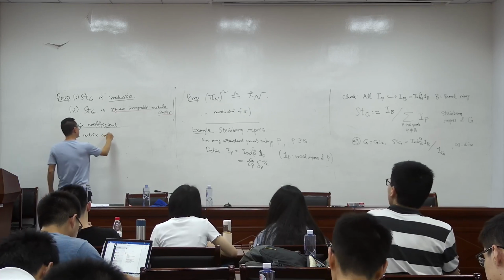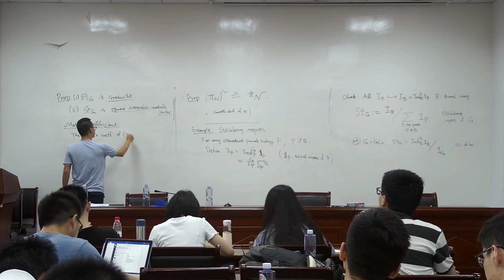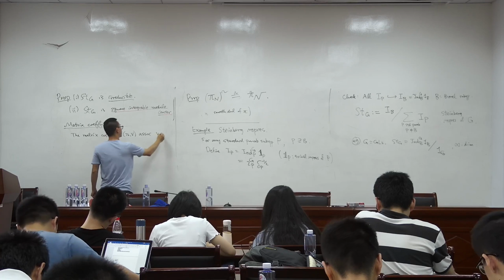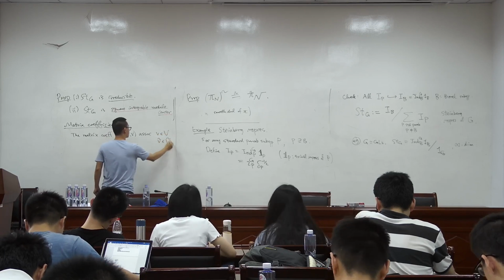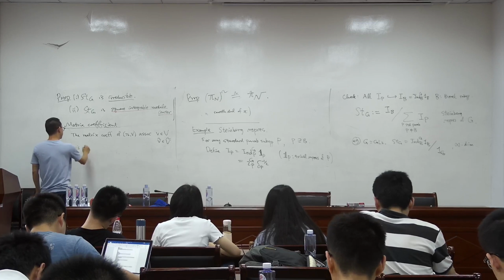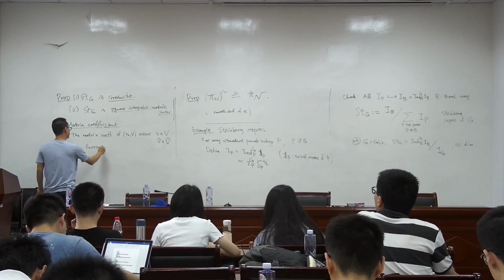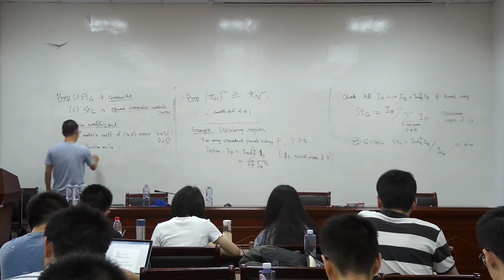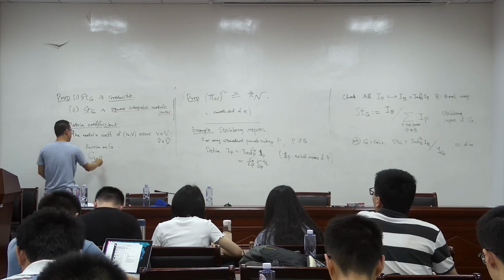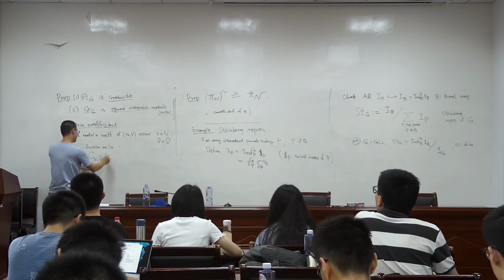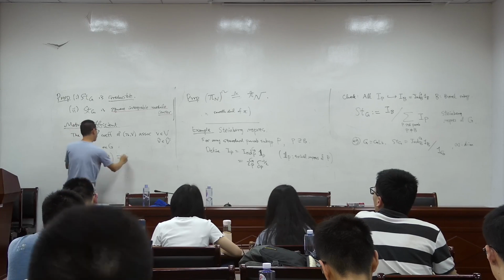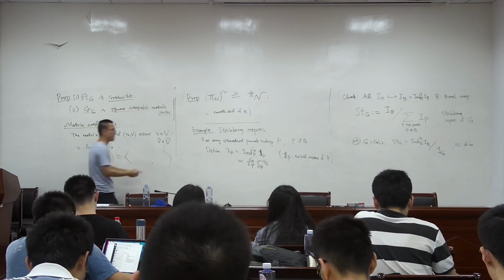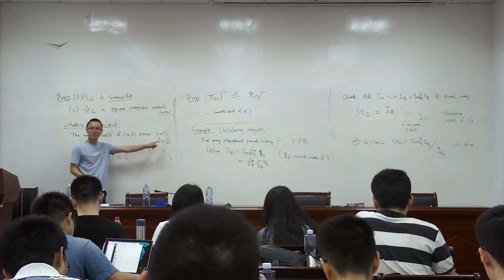The matrix coefficient of a representation, associated to two vectors, one in V and another in the smooth dual, is a function on G. In notation it is C_{v, v tilde}. It takes a group element g to the bracket of v and v tilde.